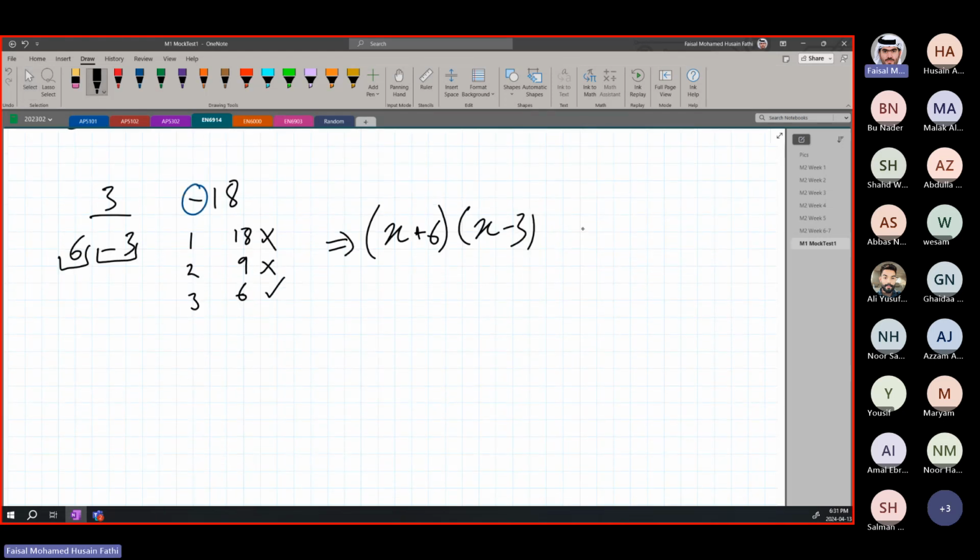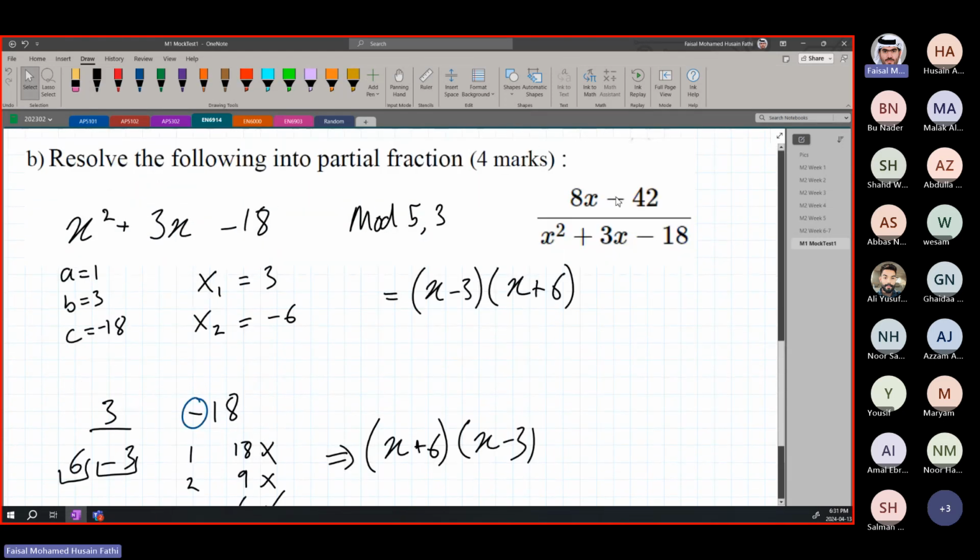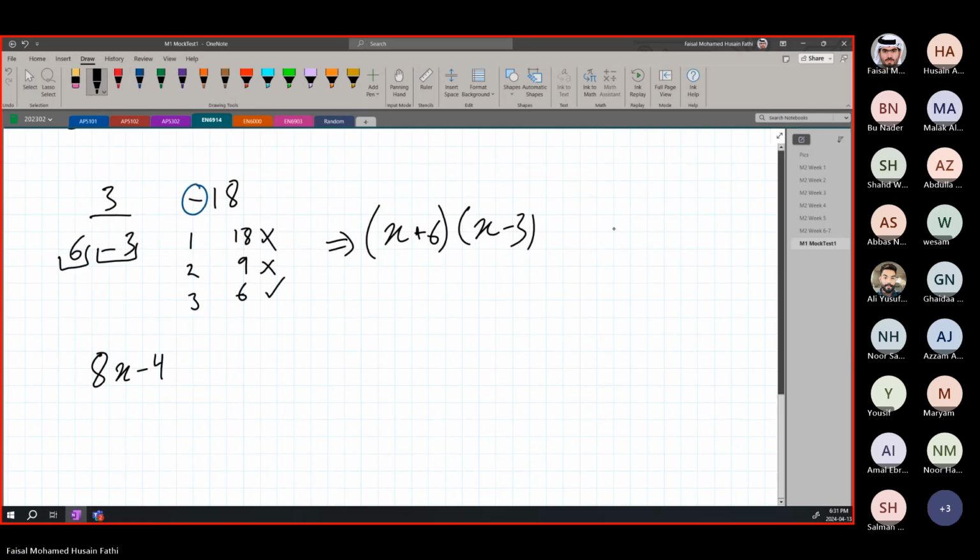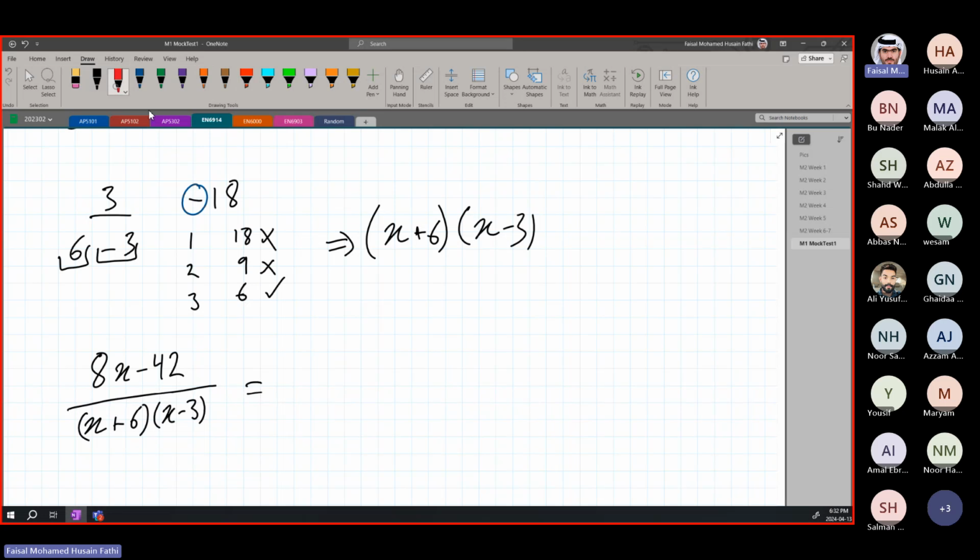Now let's actually get to solving the question. The question is 8x minus 42 over x plus 6 into x minus 3. Simple basic linear fractions, so it's not repeating or quadratic. So it's going to be A and it's going to be B: A over x plus 6, plus B over x minus 3.